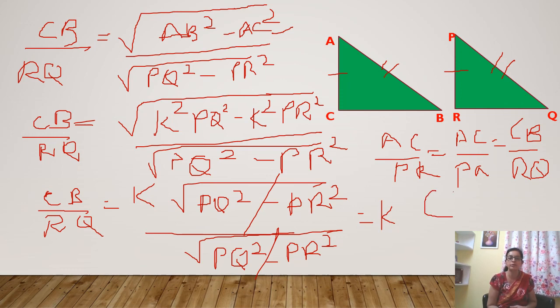Okay, I'm going to show you in the next slide how we are going to get SSS similarity. By SSS similarity, these two triangles will become similar.